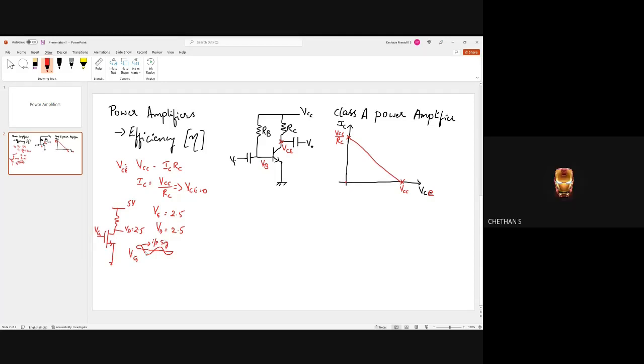Okay. So now how do you think the output will look like? It is inverted. The output signal will swing across VD. So this input signal will swing across VG. If VG is 2.5, this peak will be some 2.5 plus del V, and this peak will be 2.5 minus del V. Correct?